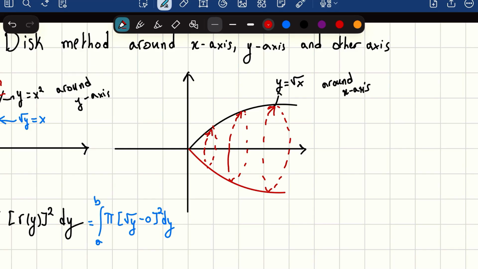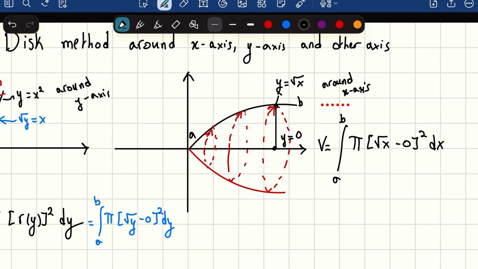Over here, the radius is going to be the projection down, because it's with respect to the x-axis. Let's say that this is a to b. So the integration is going to be from a to b of pi times the radius, which is the square root of x minus 0, since y is equal to 0, all of it to the power of 2, dx.